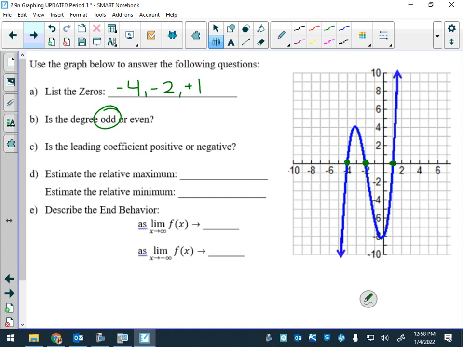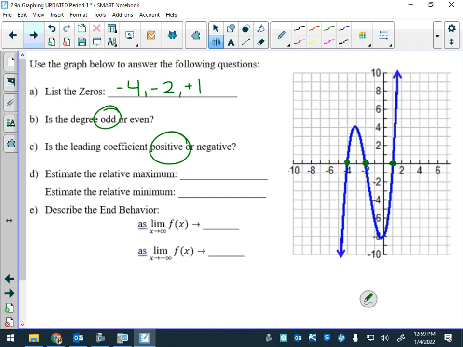Is the leading coefficient positive or negative? Looking at the graph, left to right, is it increasing or decreasing as a whole? Wes? Increasing, so it's a positive leading coefficient. As you look from bottom to top, it's increasing. Now, we're just estimating here our max and mins.